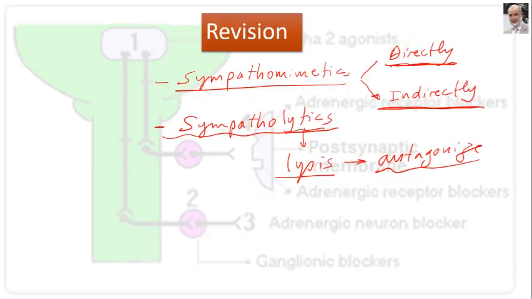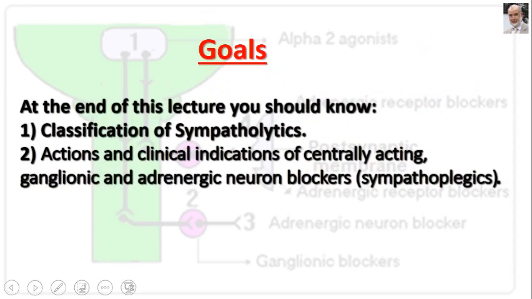We'll talk about the classification of sympatholytics, how they are classified according to their site of action, as we will see later, and we'll talk about the action and the clinical indication of three groups, which are the centrally acting sympatholytics, ganglionic blockers, and adrenergic neuron blockers.